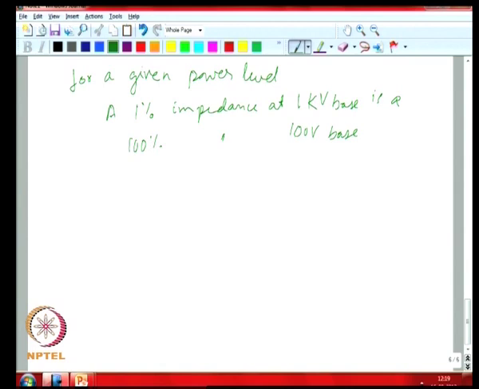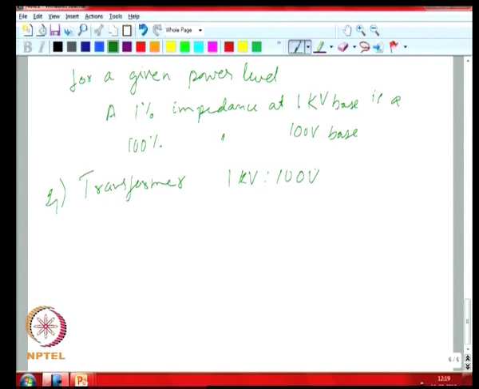So, if you look at another example, suppose you now have a transformer which is 1 kV to 100 volt.